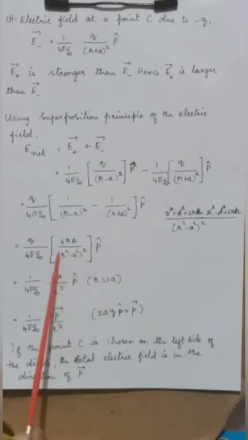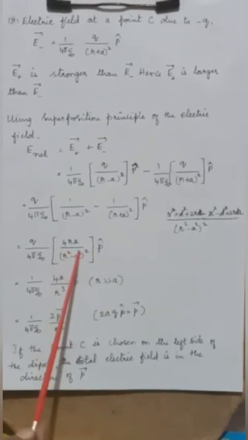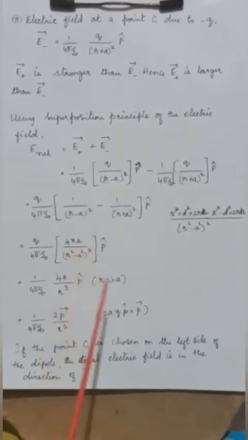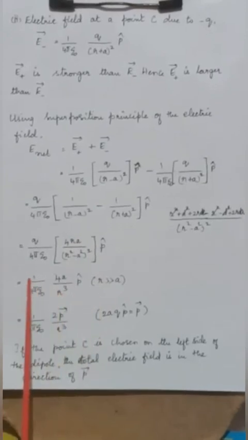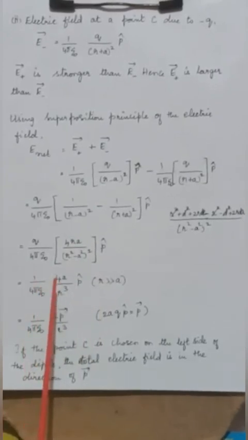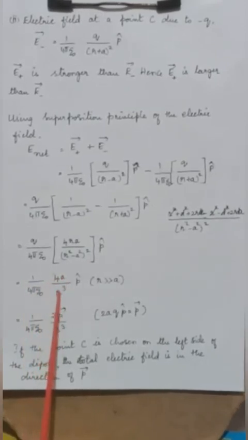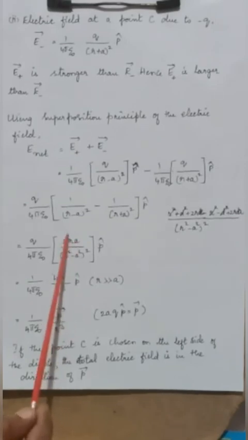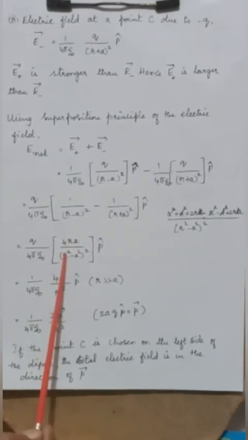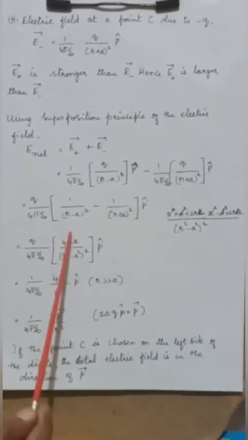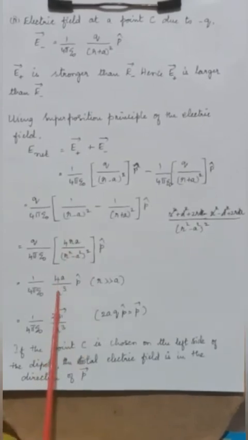So this turns into (r square) the whole square, which is r power 4. So you have 1 by 4 pi epsilon naught 4a by r cube, since r is there in the numerator and r power 4 gets cancelled, you get r cube into p vector.